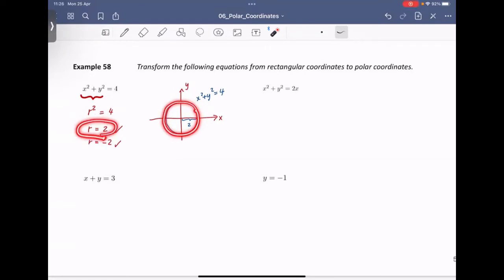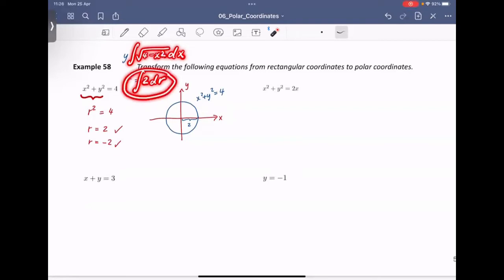But in rectangular coordinates, it's x squared plus y squared equal to 4. Would you prefer to integrate y equal to the square root of 4 minus x squared, or would you prefer to integrate a constant? Everyone is going to say the bottom one is a lot easier because it's just a constant.